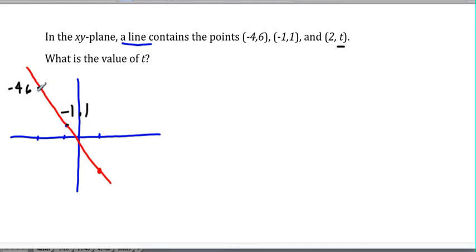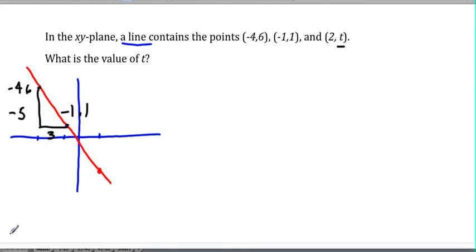What's our rise? Well, in this case, it's negative. I'm going to go from 6 to 1. I'm falling 5. Well, I know that. That's what I did over here in slope. And negative 4 to negative 1 is run, 3. In algebra, run is always positive. It's your rise that's positive or negative.